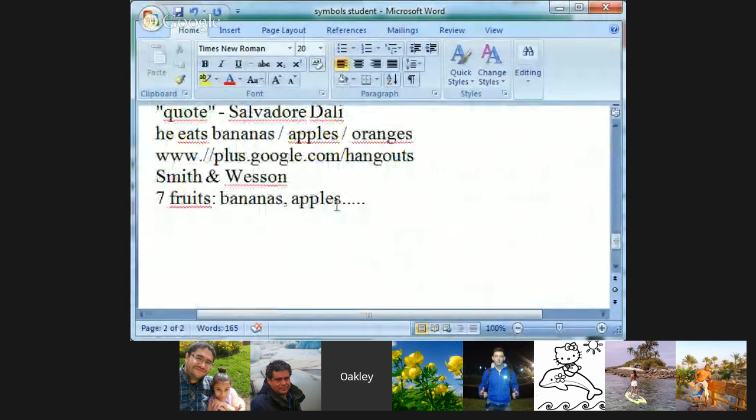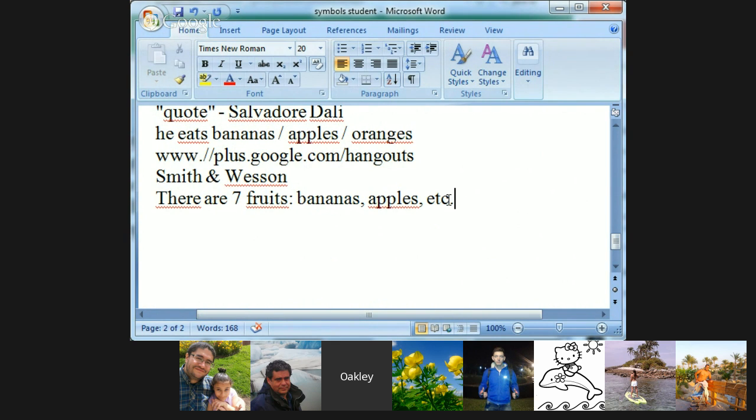How do you speak it if you use it in a sentence? For example, Rafa, how would you speak this? There are 7 fruits, colon, bananas, apples.